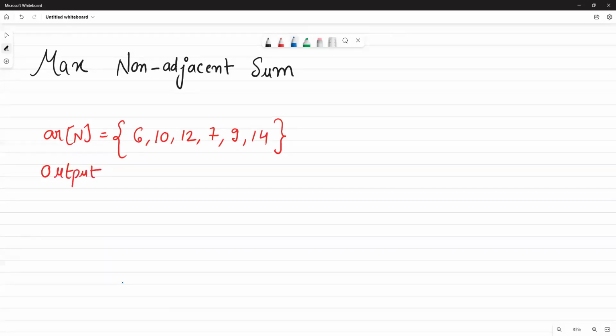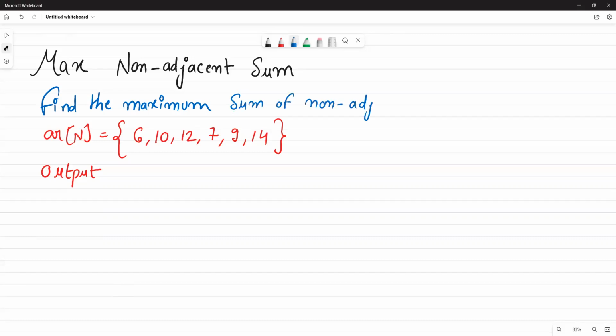Getting the question? Adjacent means side by side, correct.